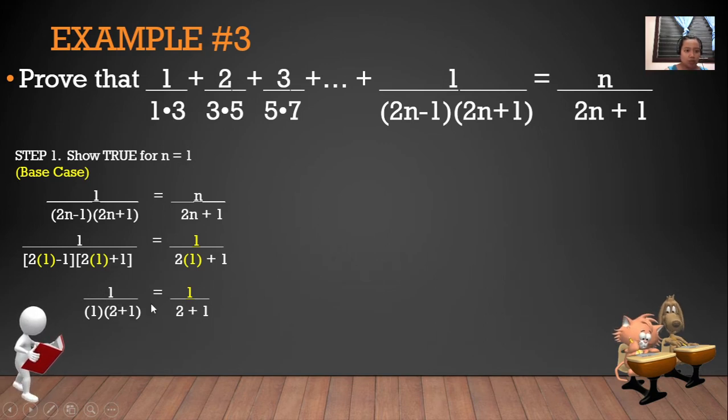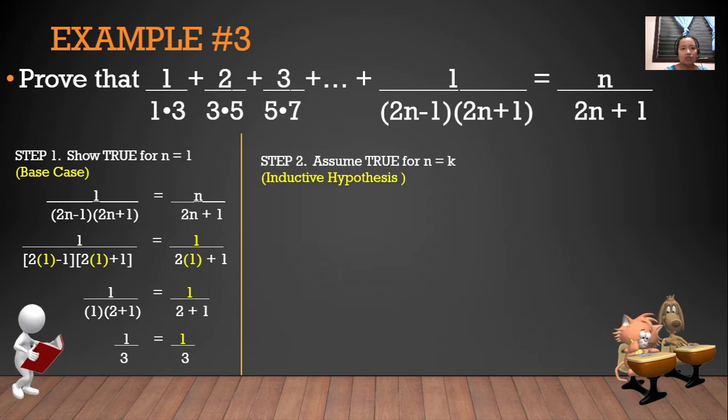That is 2 plus 1. Next, we'll have 1 times 3. So it's 3. 2 plus 1 is 3. So that means step 1 is already proven when n is equal to 1.